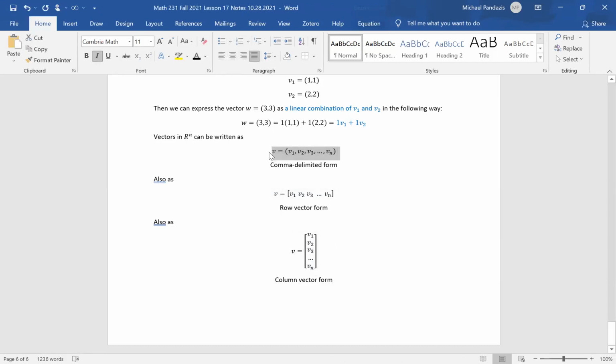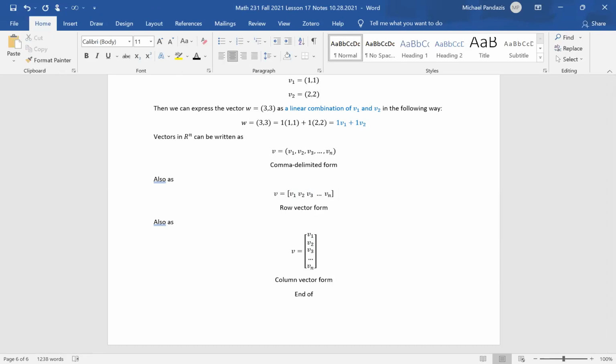So we have comma delimited form, row vector form with no commas, and column vector form like that. They're all the same thing. They're all vector v. They're just different ways to illustrate the exact same vector.